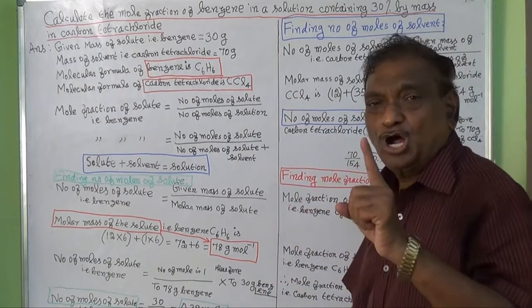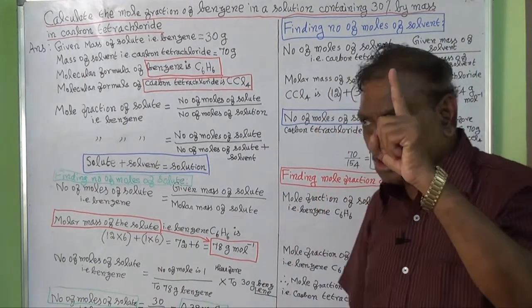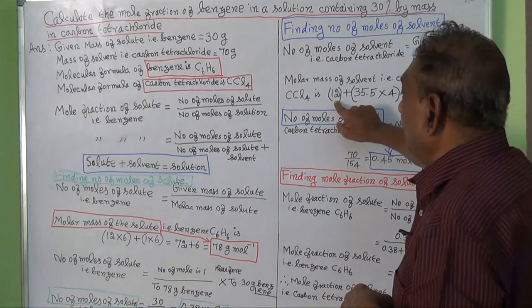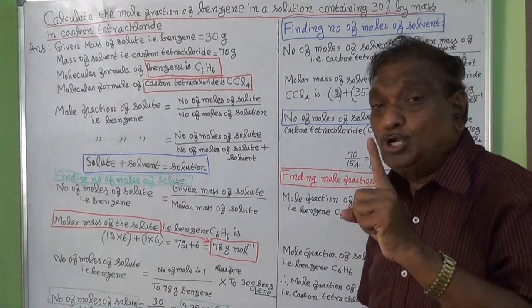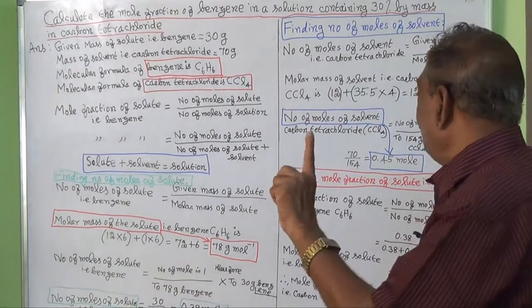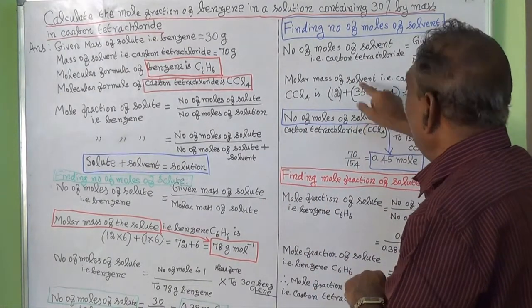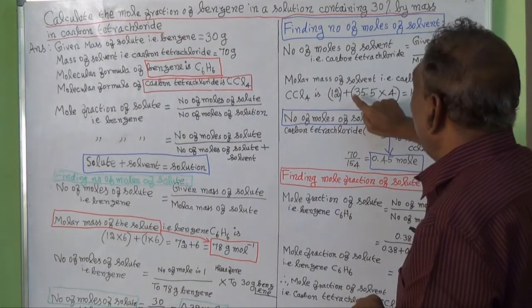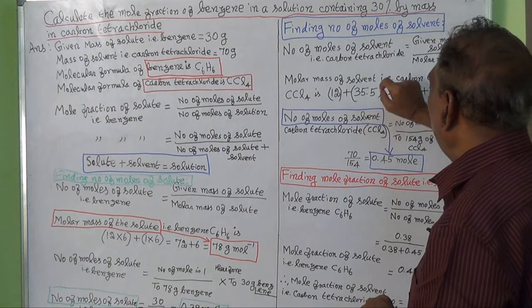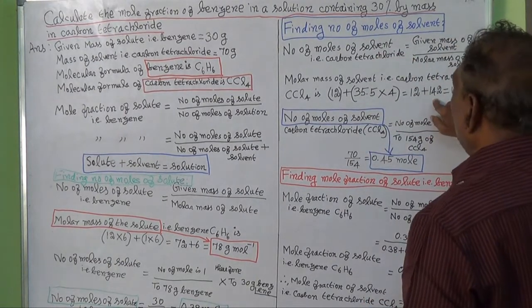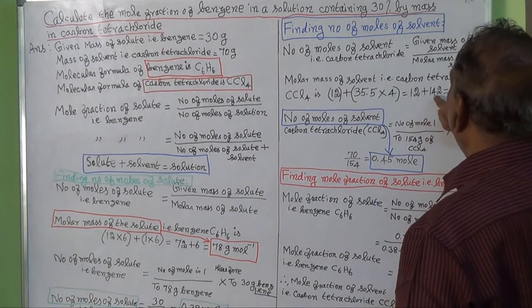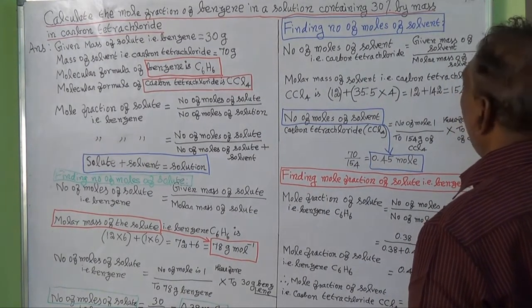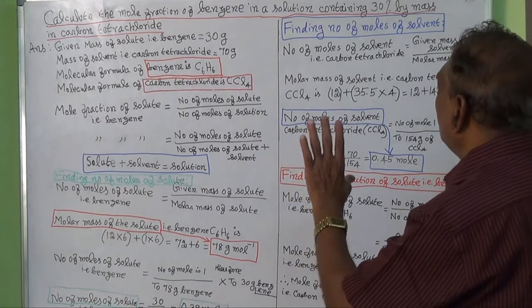The atomic mass of one carbon atom is 12, plus the atomic mass of one chlorine atom is 35.5. Here there are 4 chlorine atoms, so 35.5 is multiplied by 4. So if we add 12 plus 142, we will get 154 gram per mole as the molar mass of the solvent.